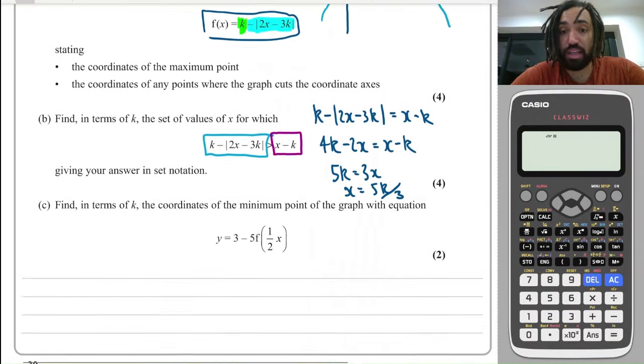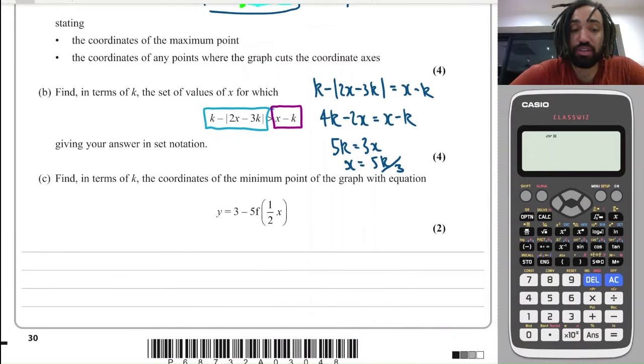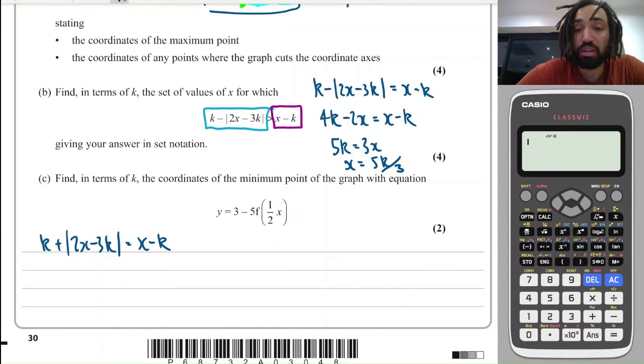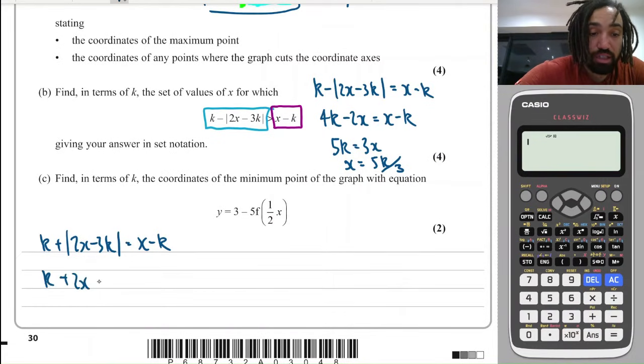So I've solved it with the modulus being negative, and now I'm going to solve it with the modulus being positive. So that would be k plus 2x minus 3k is equal to x minus k, and then we would give 1x on this side, we'd have minus 2k added to the other side, and I'm going to get k.